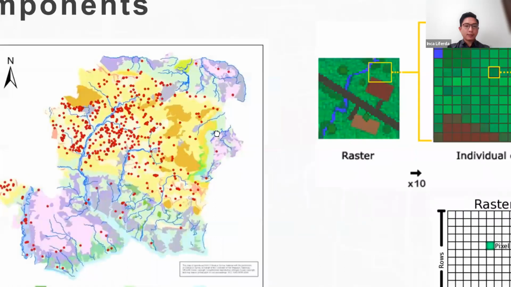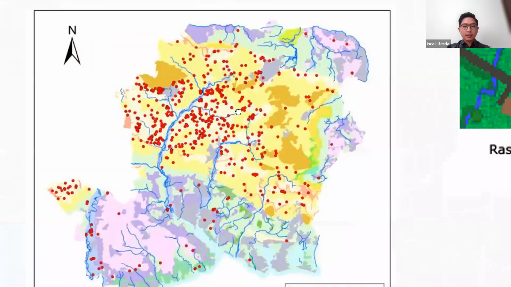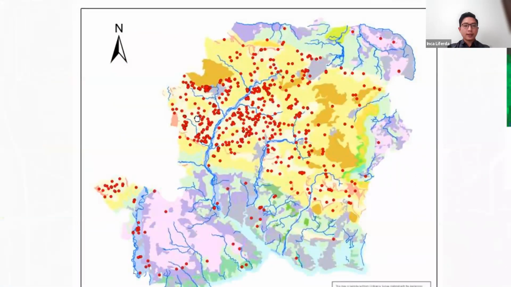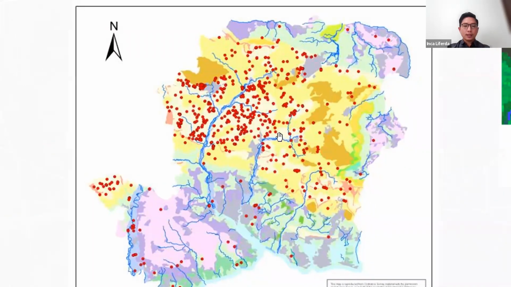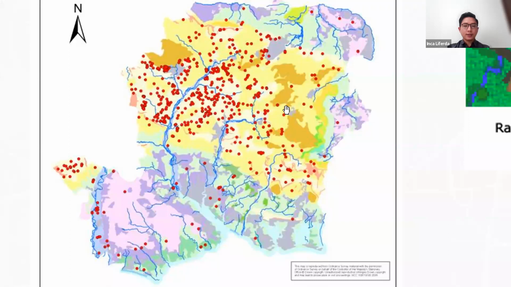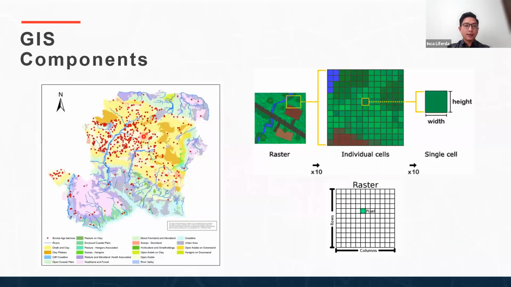Look at this. For example, these are the lines of the rivers, these are the points, and also the polygons here. All of these are vector data. While the raster data is pixels, mostly taken from photography results.